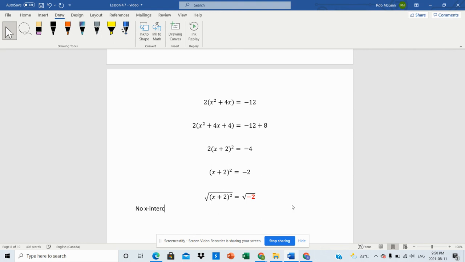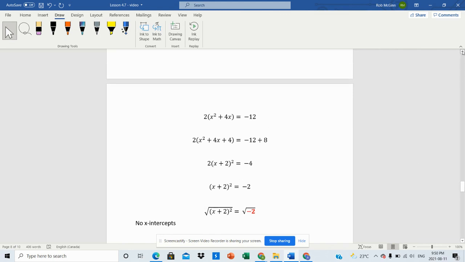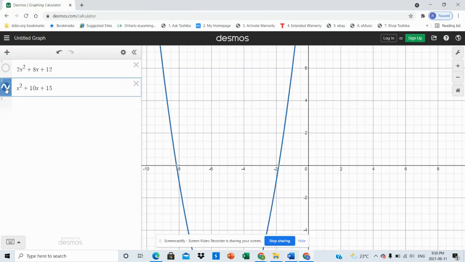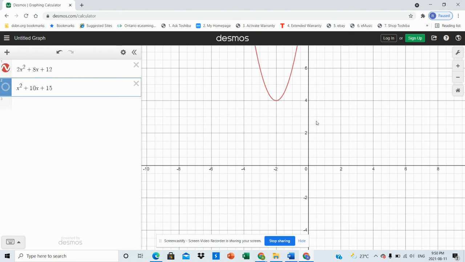x intercepts. I'm going to show you one more cool thing with this, but let's just verify this in Desmos. So my original equation was 2x squared plus 8x plus 12. Let's flip over to Desmos. And I've already been prepared for this one. So 2x squared plus 8x plus 12.